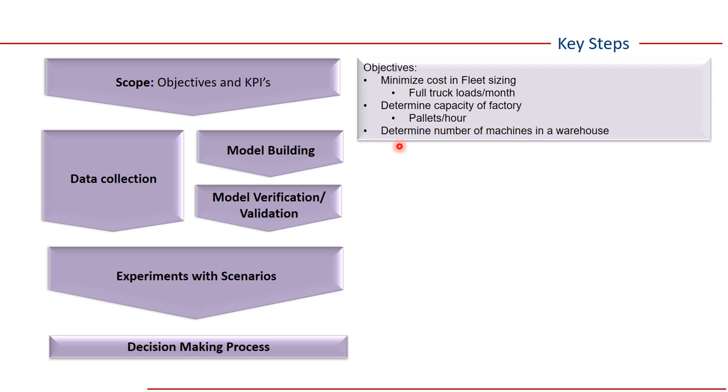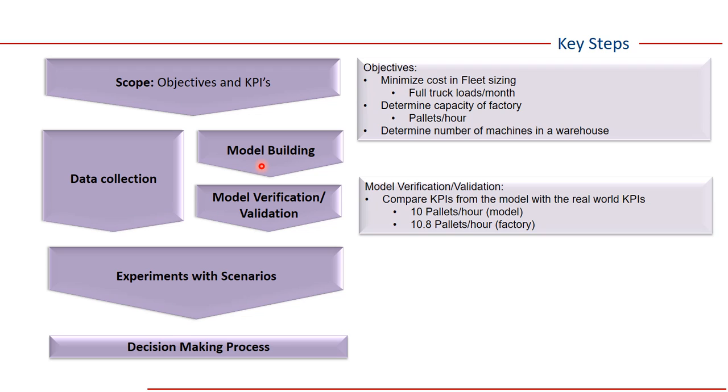According to this data collection and this objective, we start building our model, okay? And after some point that we are almost sure of this model, we need to validate it. What's the idea? We need to compare some KPIs from the model with the real-world KPIs. So for example, let's say that our model has a performance of 10 pallets per hour, and in the real world in our factory, we have 10.8 pallets per hour.